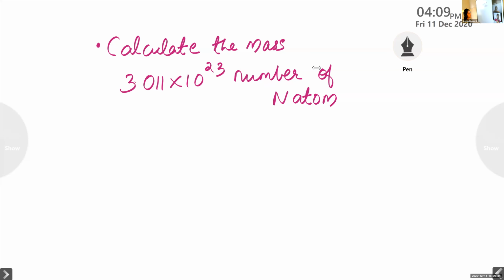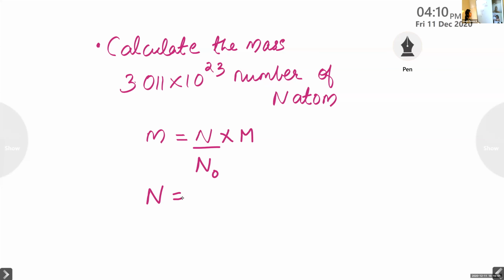Which equation can be used? Tell me. m is equal to N by N0 into capital M. Then what is the value of capital N?